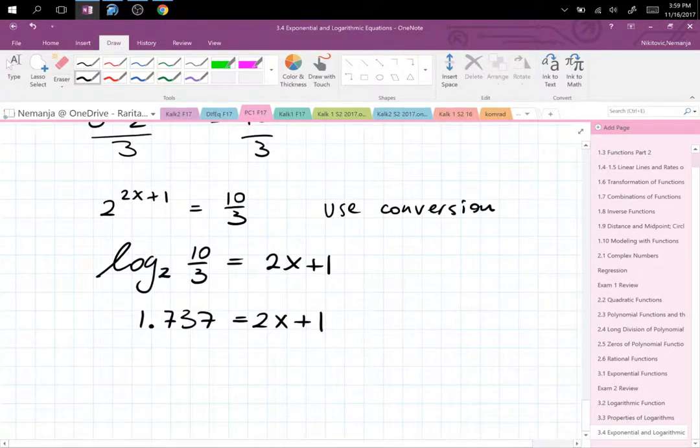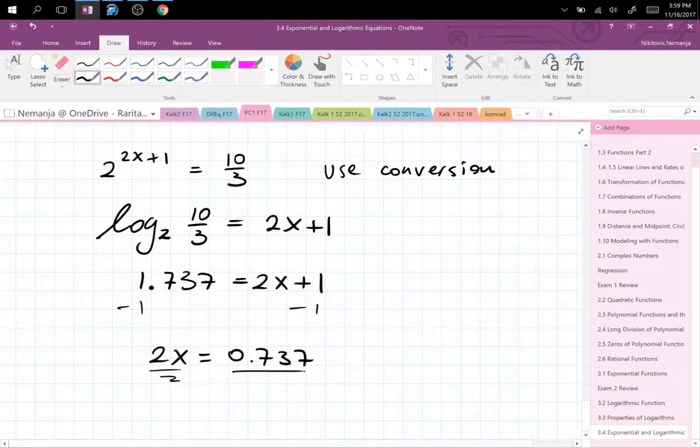And now you subtract 1 on both sides. So 2x is equal to 0.737. And then divide both sides by 2 to get the answer of x equals 0.3685.